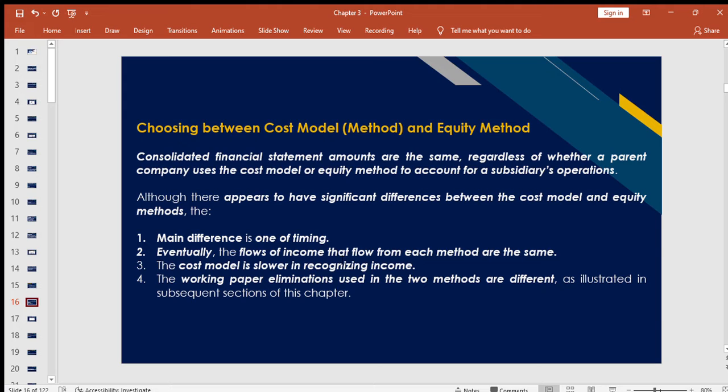The working paper eliminations using the two methods are different. Of course, yung ating elimination entries would consider all entries made under the equity method, while under the cost model, we will have a lump sum recognition of the transactions of the subsidiary. Okay? Yan.